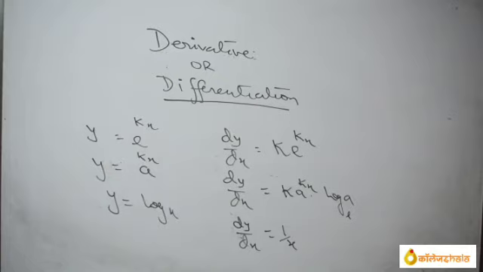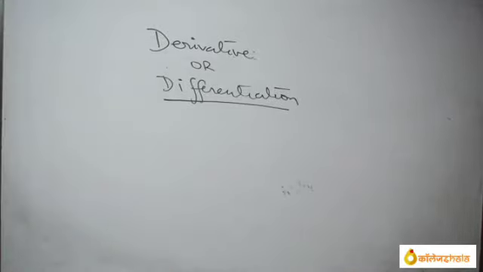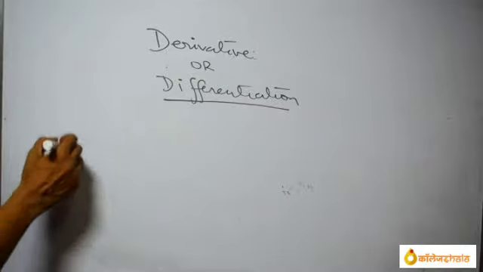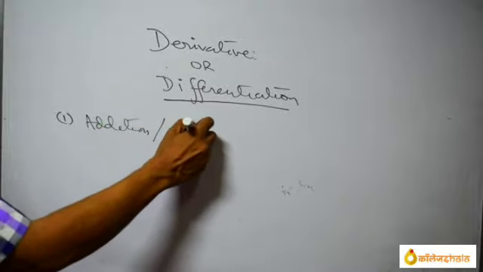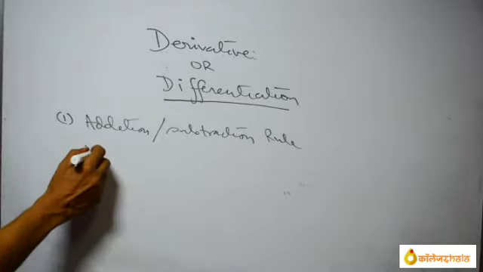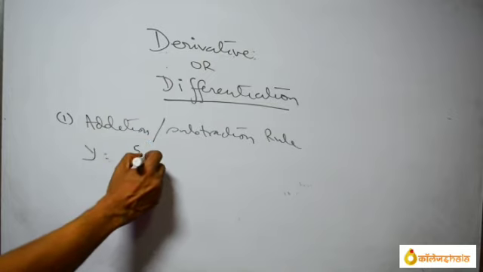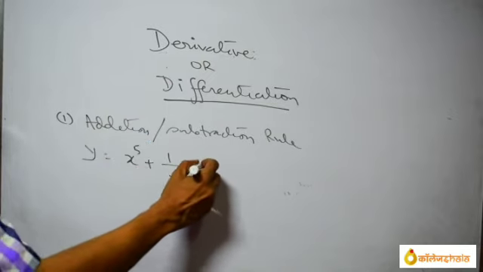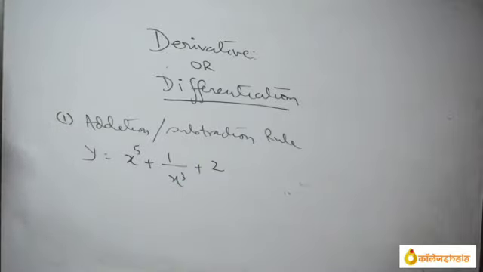So these are the basic formulas of the derivative. Now we have some rules. First, let us take the addition and subtraction rule. Suppose y is equal to x to the power 5 plus 1 by x to the power 3 plus 2, and we have to find dy dx.